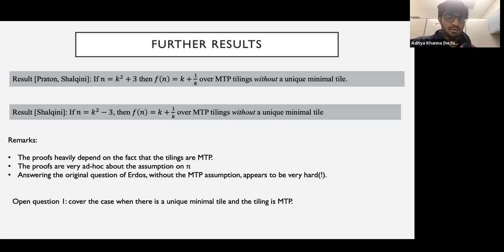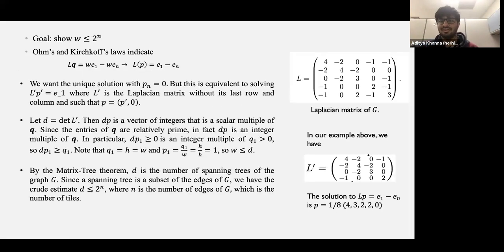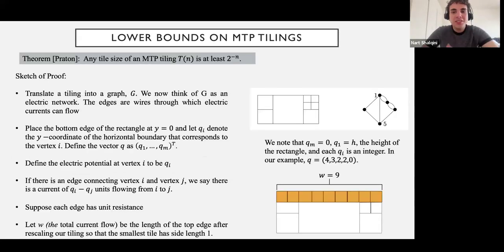I do have a question about the previous part. How exactly does one figure out the electric network interpretation in the first place? So this interpretation was already done before, in the 1930s, in a different setting by Tutte and some other people. They used this to prove some other property of tilings or packings.